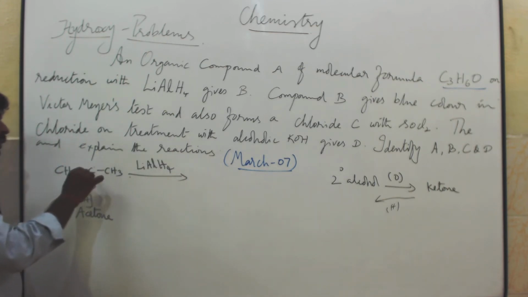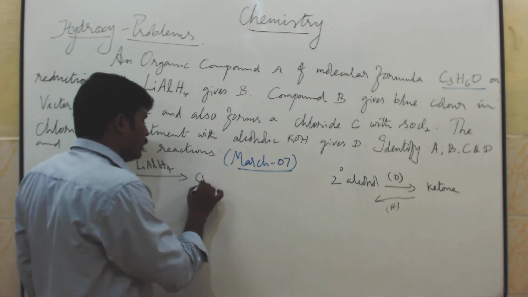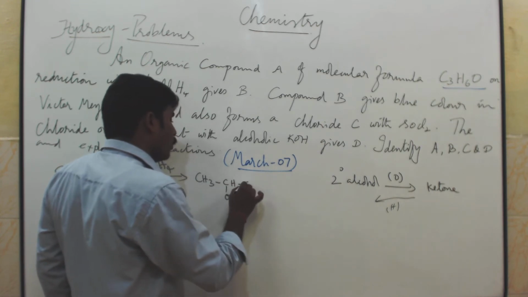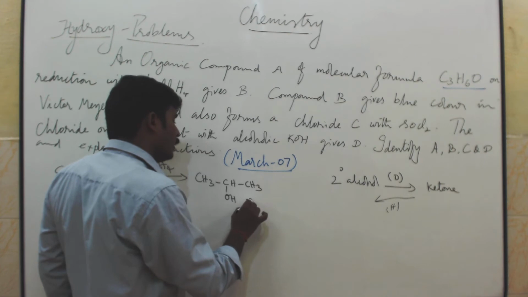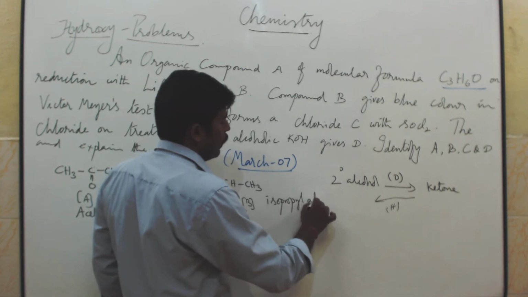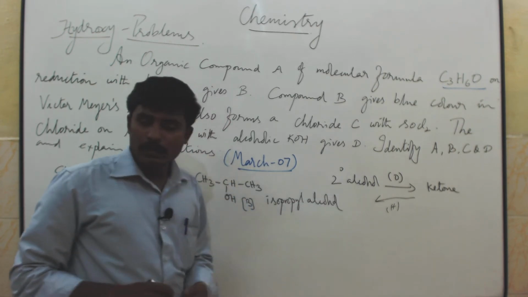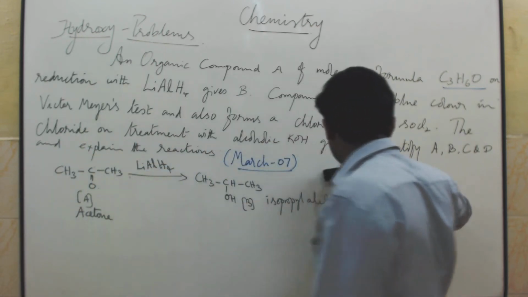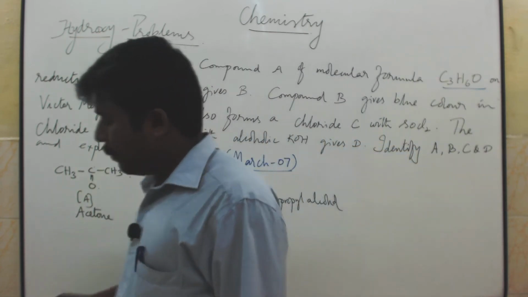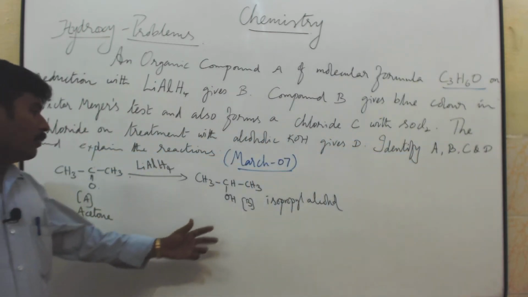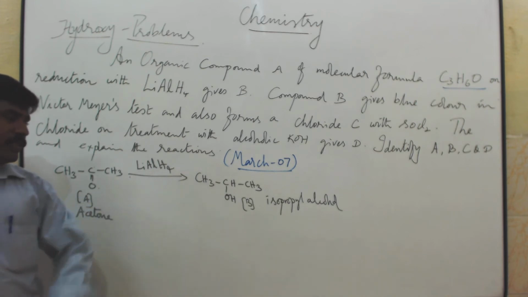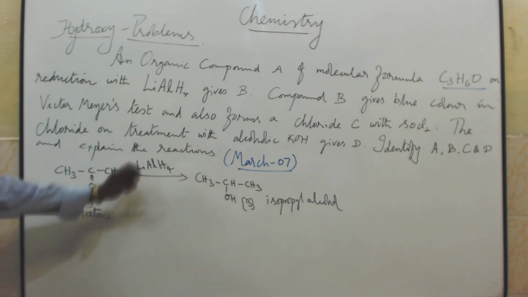We add one H here and one H here, becoming CH3-CHOH-CH3, which is compound B, namely isopropyl alcohol. From the alcohol we confirmed A. So A is acetone, and on reduction it gives isopropyl alcohol, product B.